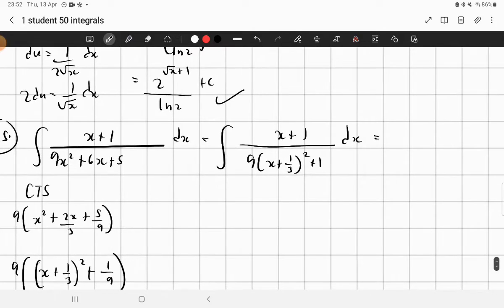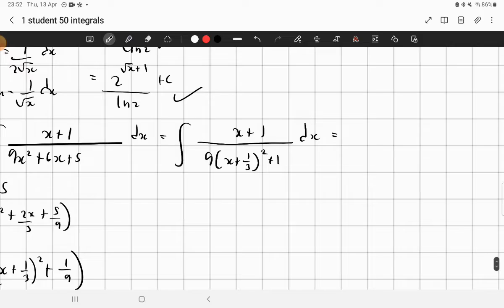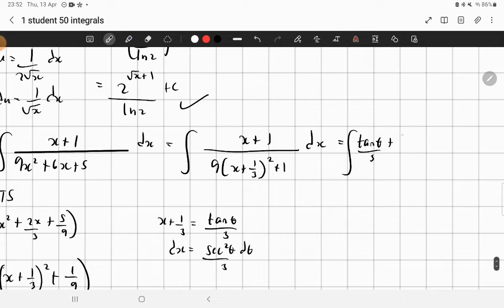Anyway, so this x plus 1 over 3 could be substituted with tangent theta over 3. When we take the derivative, it will be secant squared theta over 3 d theta. So what does this mean? I'm going to bring everything outside. This will be tangent theta over 3 plus 4 over 3, because 1 over 3 plus 1 is 4 over 3.